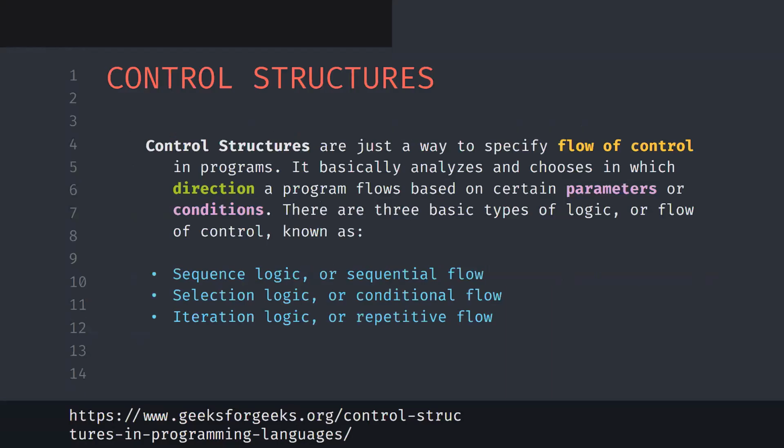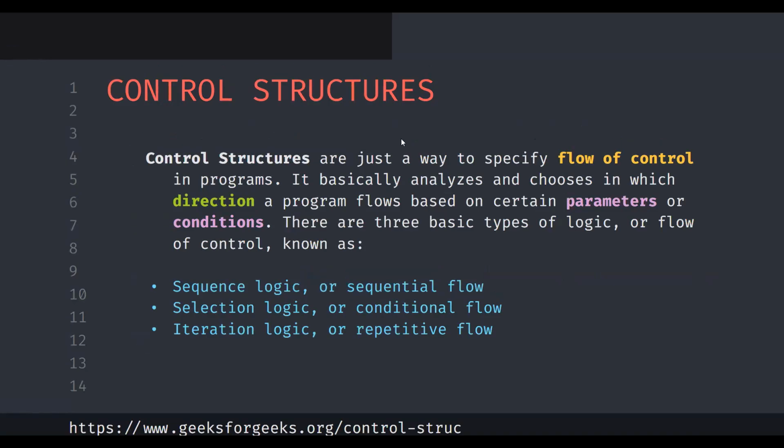So the control structures. Close these tabs. Control structures are just, as it's mentioned here, a way to specify flow of control, or analyze the direction, or check certain parameters or conditions.